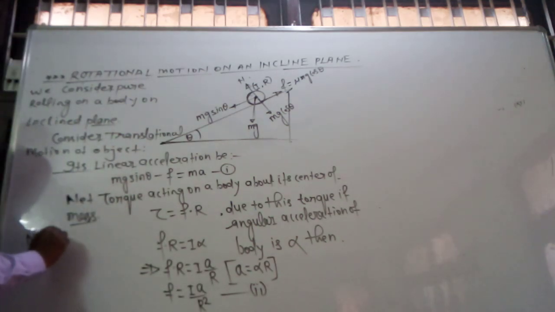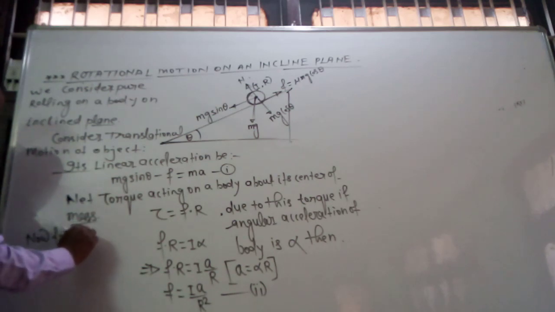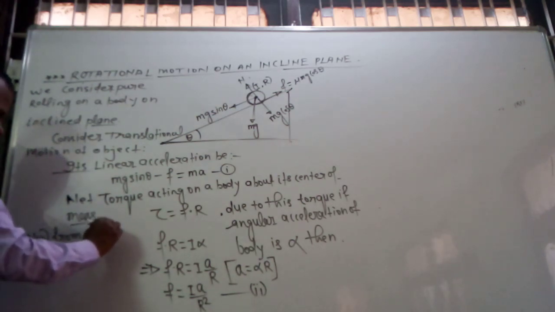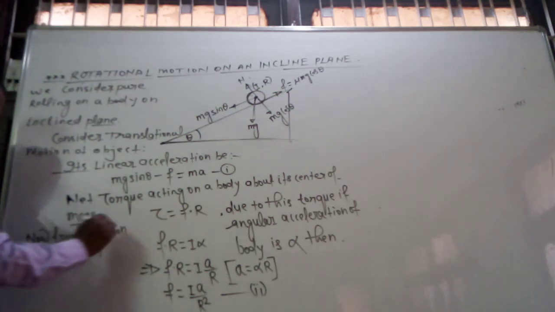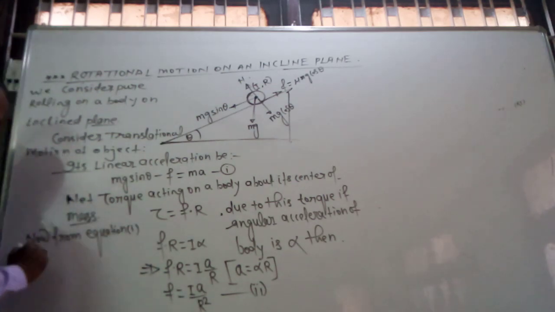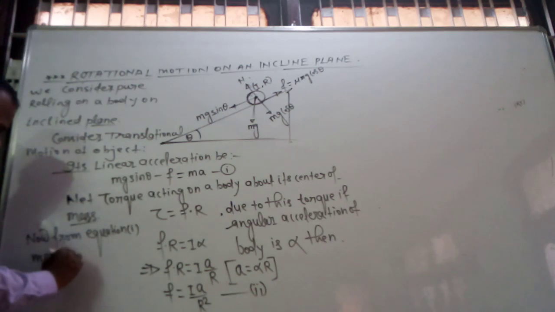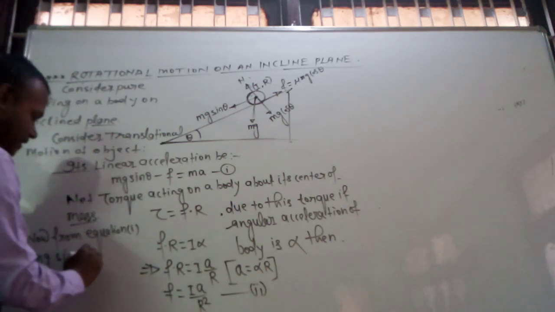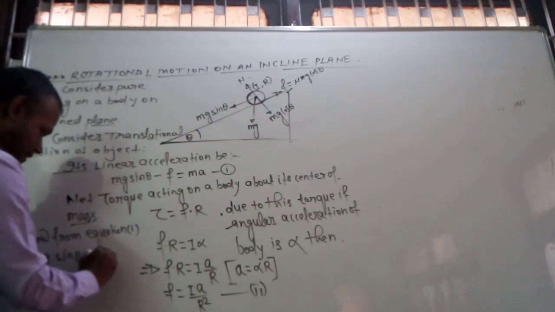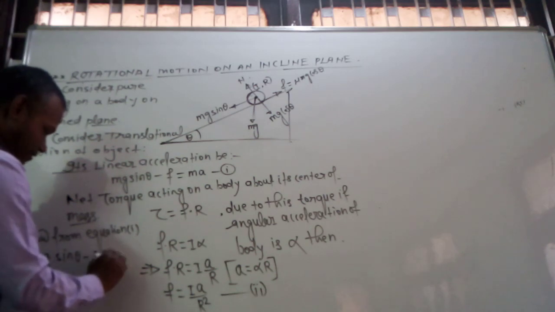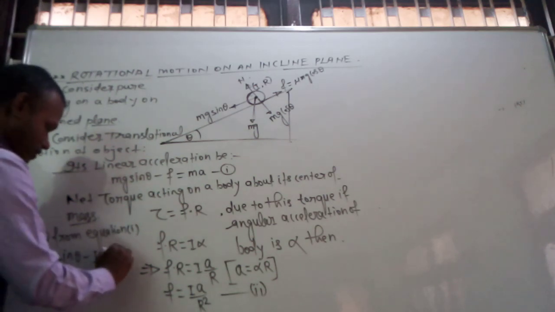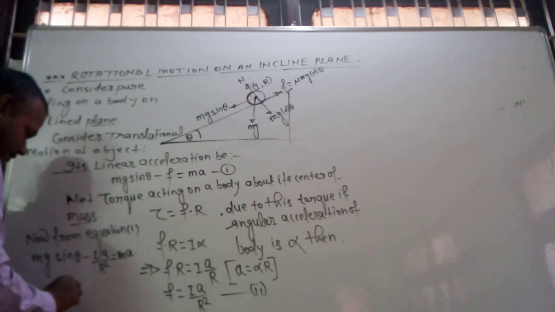Now from equation 1, what will we have? mg sin theta minus I A upon R square must be equal to what? Mass times acceleration.